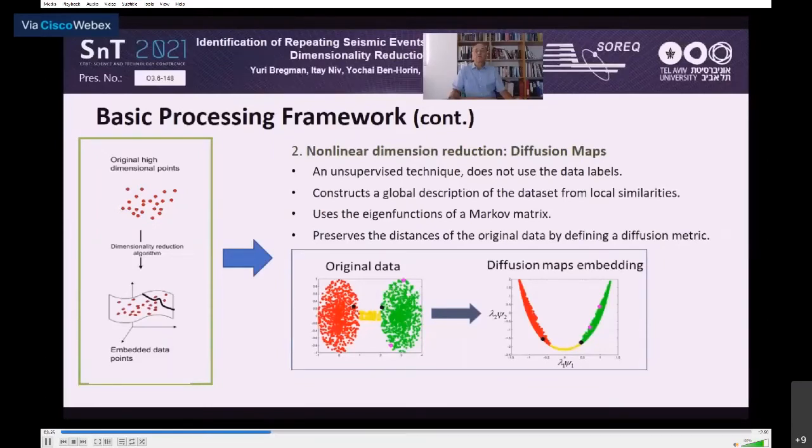Actually, we convert our data to a Markov matrix and compute the eigenfunctions, which actually are the new diffusion coordinates. A nice property of diffusion maps is that they preserve the distances of the original data by defining a diffusion matrix.